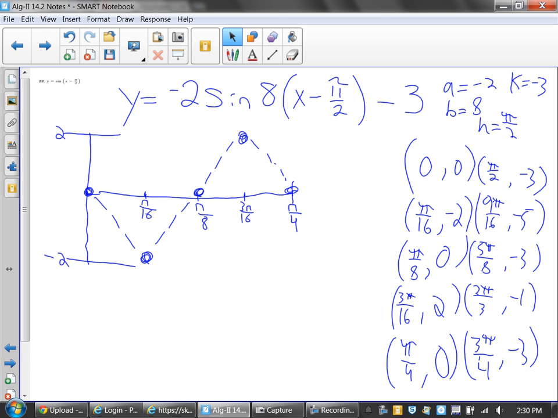Yeah, you had pi over 4. No, no, I mean, so what's this one? That's 11 pi over 16. That one's 11 pi over 16.